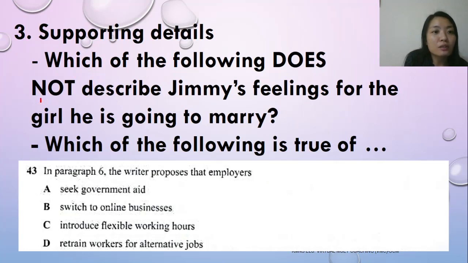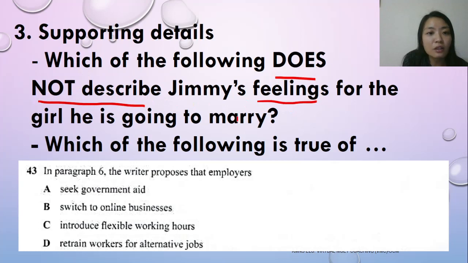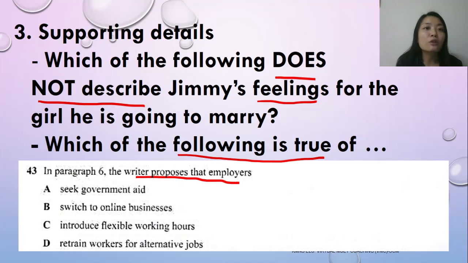So they will ask you questions like does not describe the feelings. Which of the following is true? These are all asking you for supporting details. So in that question just now, in paragraph 6, the writer proposes what? Asking you to come up with supporting details.